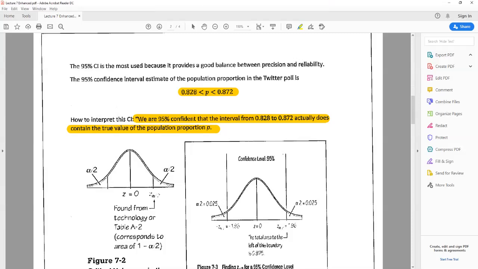And we're 95% confident that the true proportion is somewhere in between those numbers. 0.85 is probably not exactly correct, but we are 95% confident that the given interval does contain the true proportion.